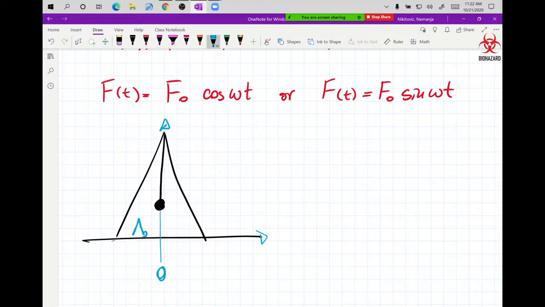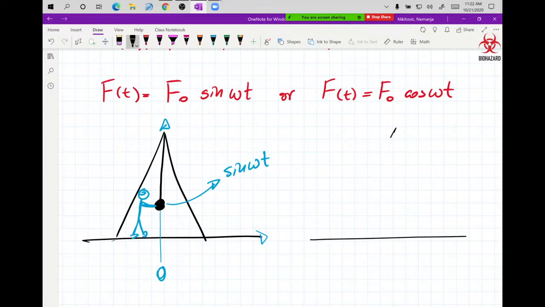So you're going to, let's say, stand here and push the kid from this position. If you do that, it's a sine. So I'm going to switch these two then, since this is the way I did the drawing.